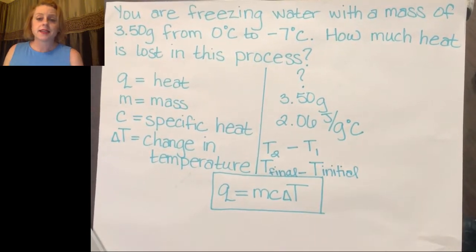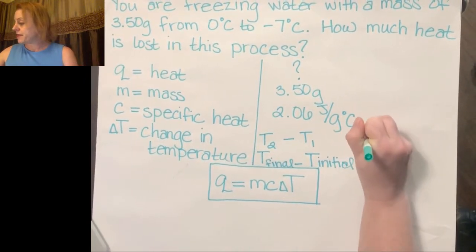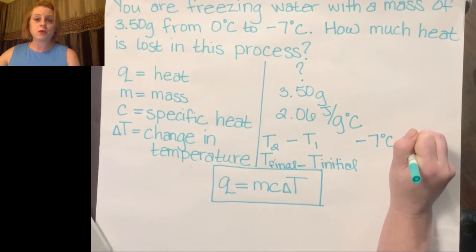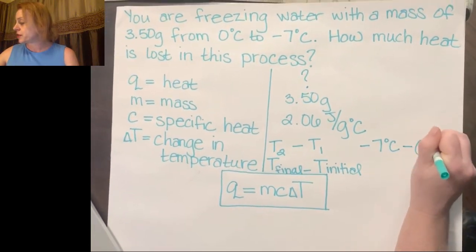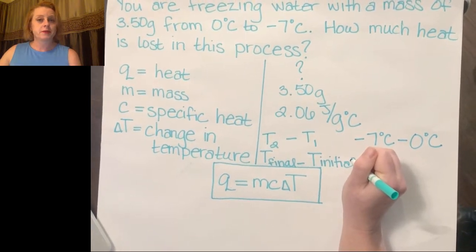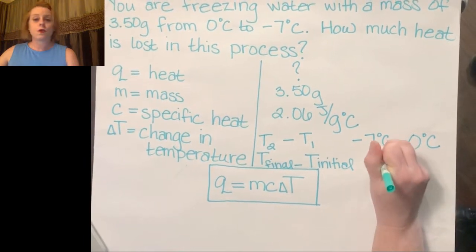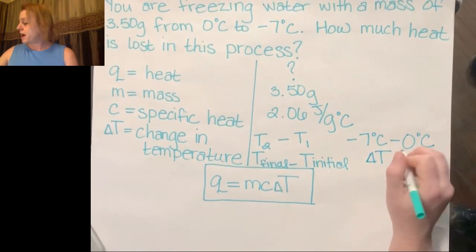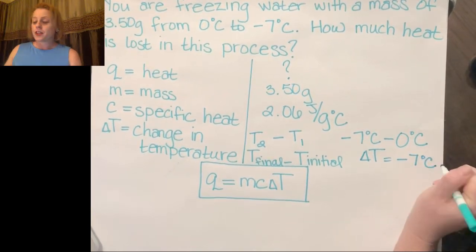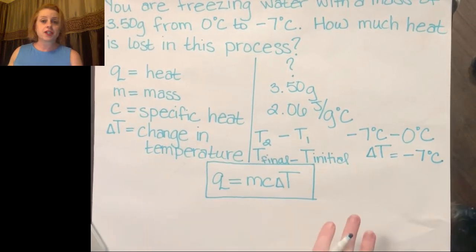In this case, T final is -7 degrees Celsius, and my T initial, or my T1, is 0 degrees Celsius. So -7 minus 0 is -7, and that gives me a delta T, or a change in temperature, of -7 degrees Celsius. So now I can take these numbers and just plug them into my equation and chug the math.